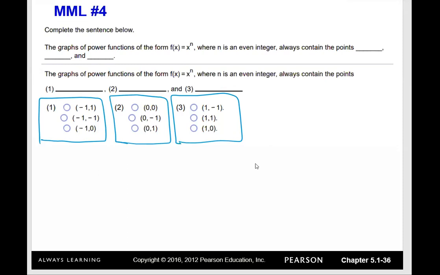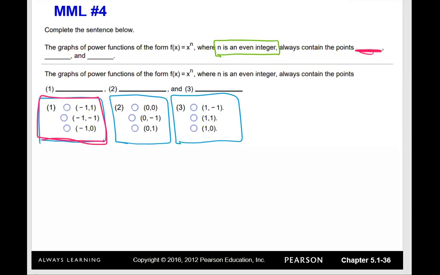The graphs of power functions of the form f of x equals x to the n, where n is an even integer, always contain the points blank, blank, and blank. On the first blank, it'll be this drop-down box.